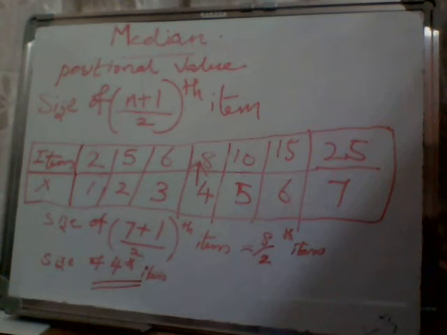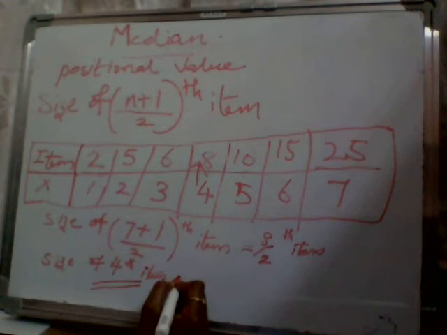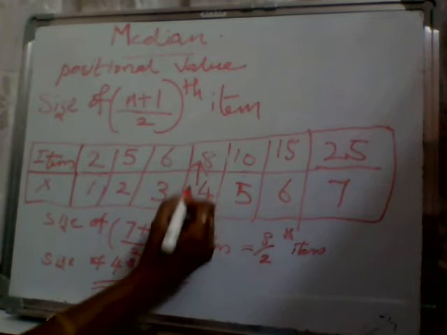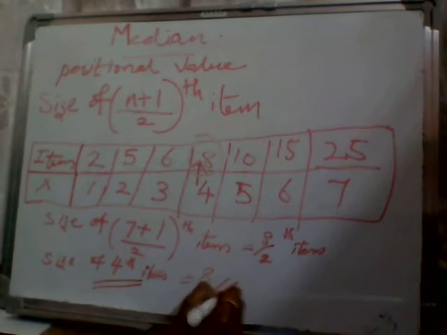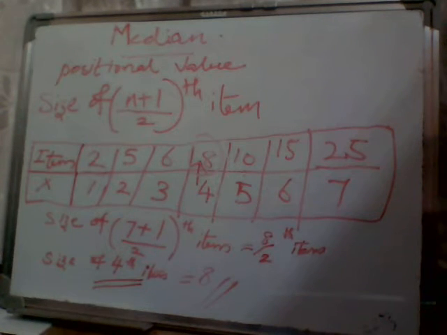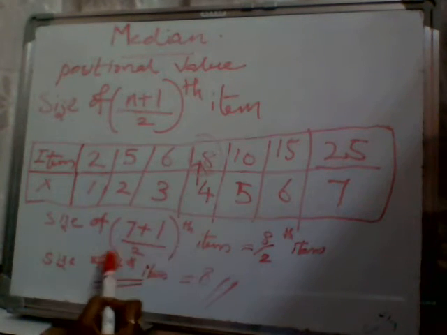Then median equals size of fourth item. What is the fourth item here? 8. Then the answer is 8. Median equals 8.